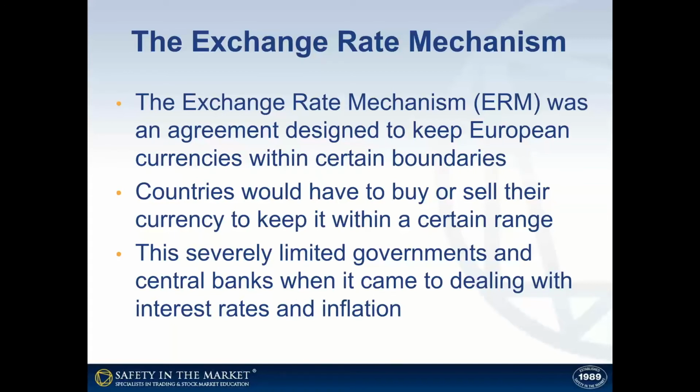It's very hard to push your currency up if at the same time you want to decrease interest rates and help the economy out. So there's all these little conundrums that come up. And in the end, it just became very difficult for England to stay in the exchange rate mechanism. And George Soros said that he foresaw that England would have to leave the ERM. And that's why he took his short trade.